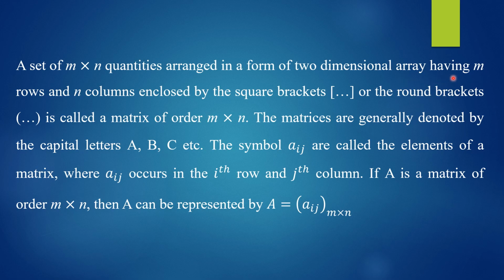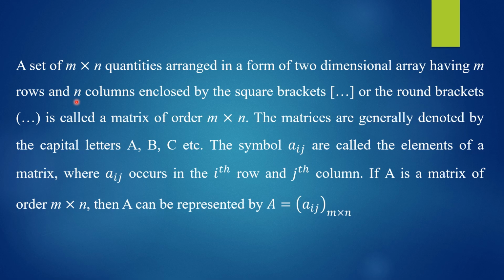So having m number of rows and n number of columns, for example say 12 elements are there, then you can arrange in 4 rows and 3 columns, because 4 into 3 is equal to 12, or you can arrange in 6 rows and 2 columns, or 2 rows and 6 columns, and so on.